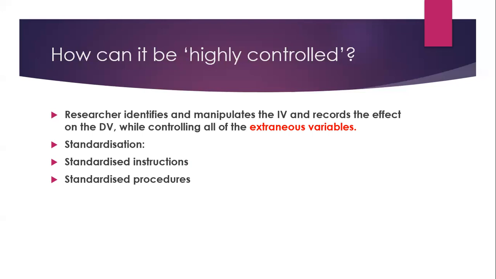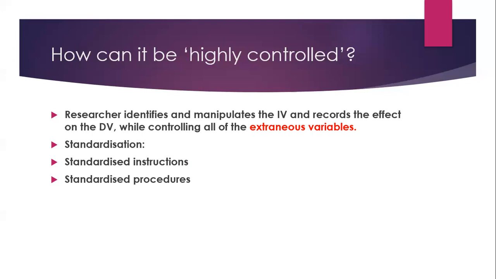Another way that we can bring in control is through standardization. Standardization is a way, again, to bring about control. We can have things like standardized instructions. And so standardized instructions can be given to participants. That means all participants get the same instructions in the exact same way.